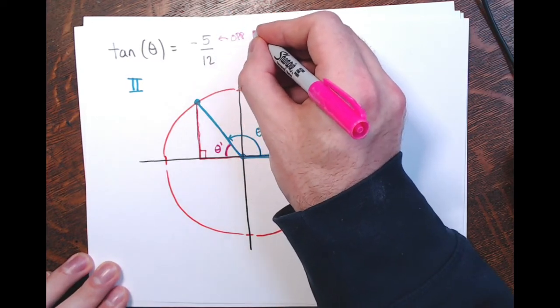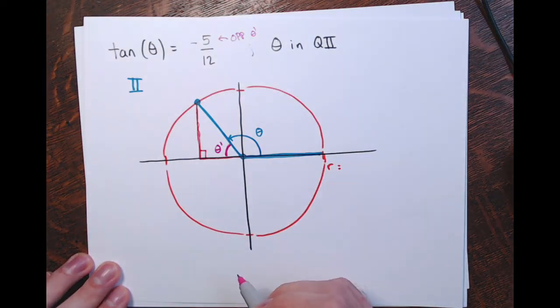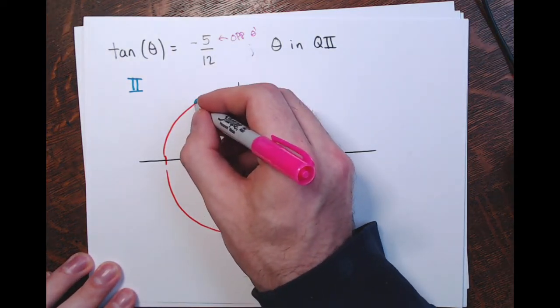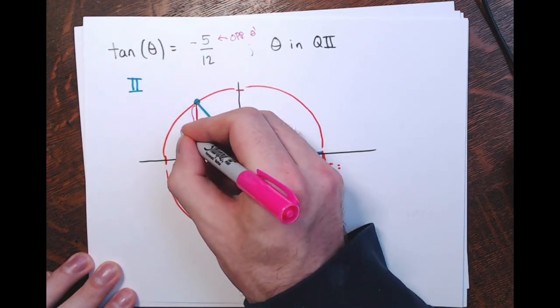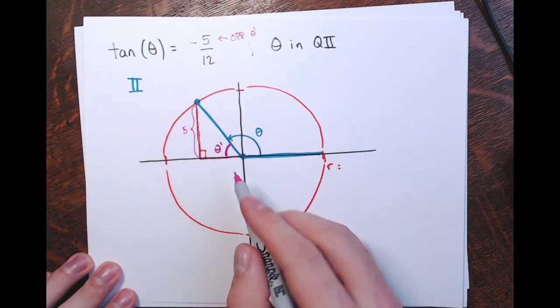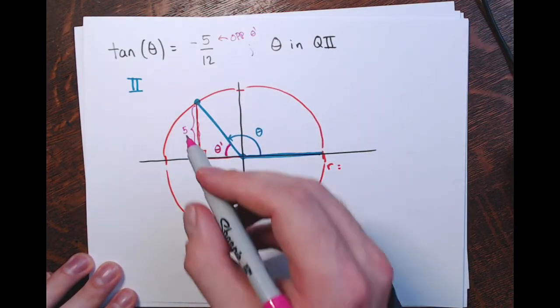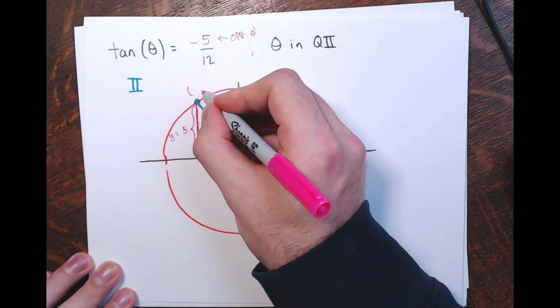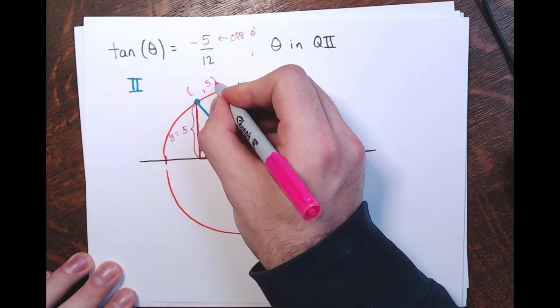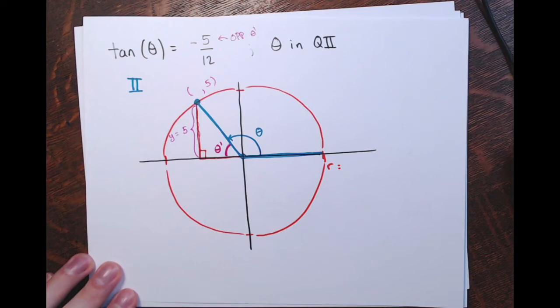This is opposite theta prime, opposite the reference angle. So opposite the reference angle, this should have a length of 5 units. And would it be positive or negative? Well, it's above the x-axis, so that's positive, and that's the y-coordinate. So the y-coordinate of this point is positive 5.